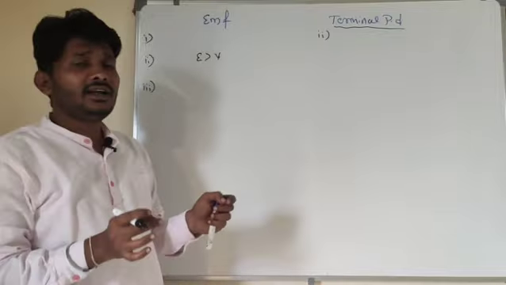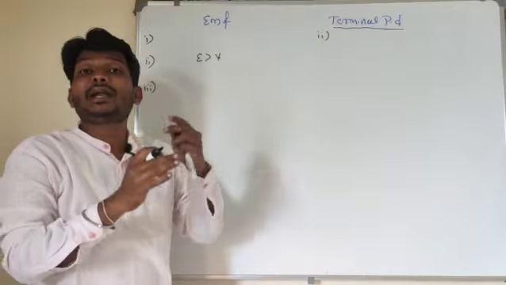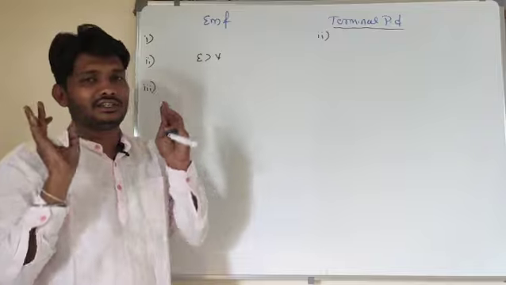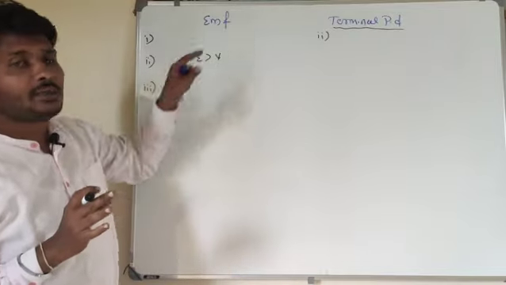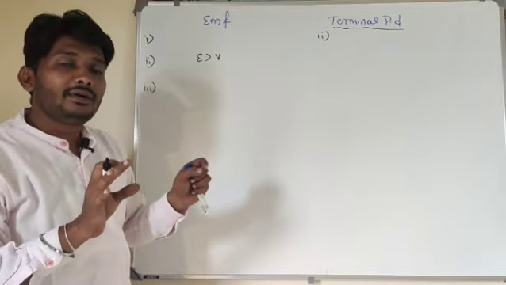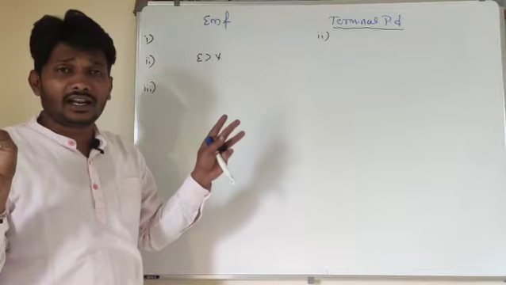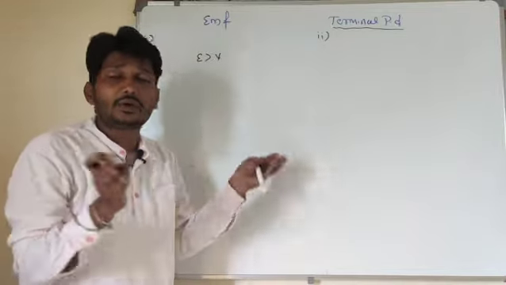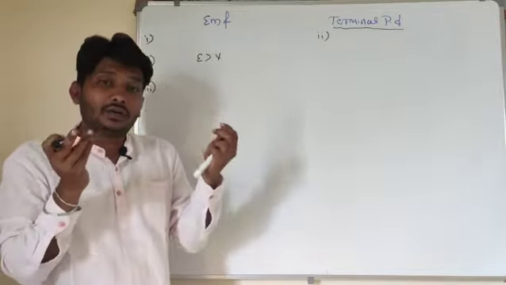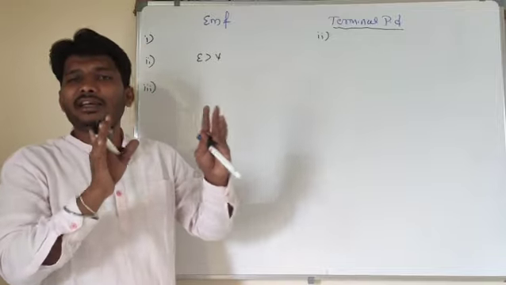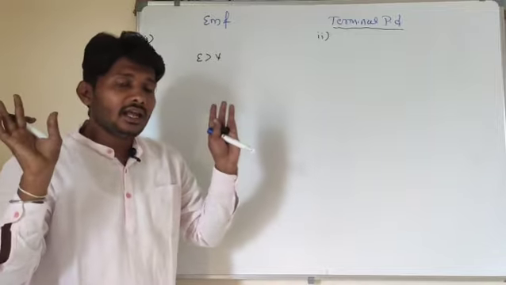Now, EMF is independent of the external resistance. What is the third point I need to remember here? EMF is independent of external resistance, meaning EMF is when you are not going to use that cell. If you are not using the cell, then the EMF is independent of the external resistance value.